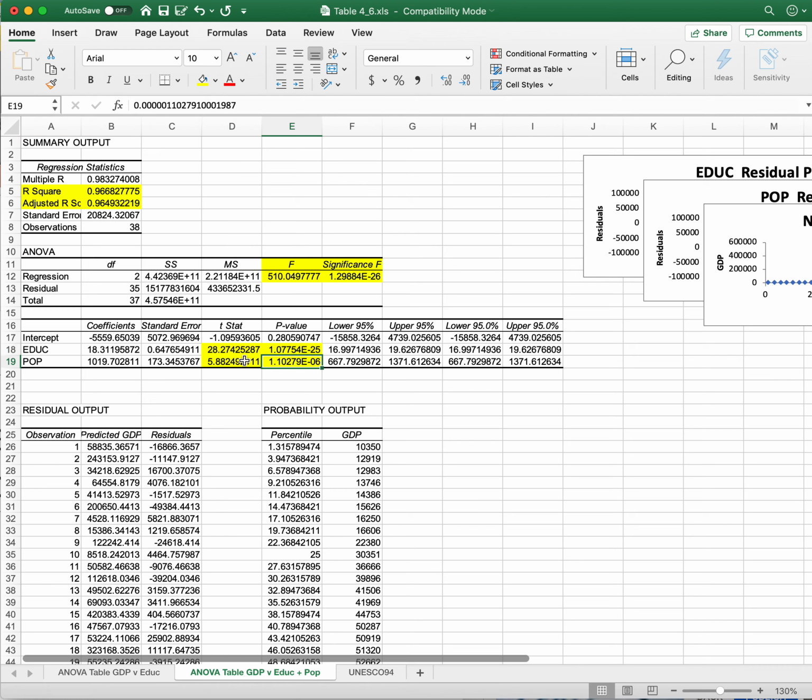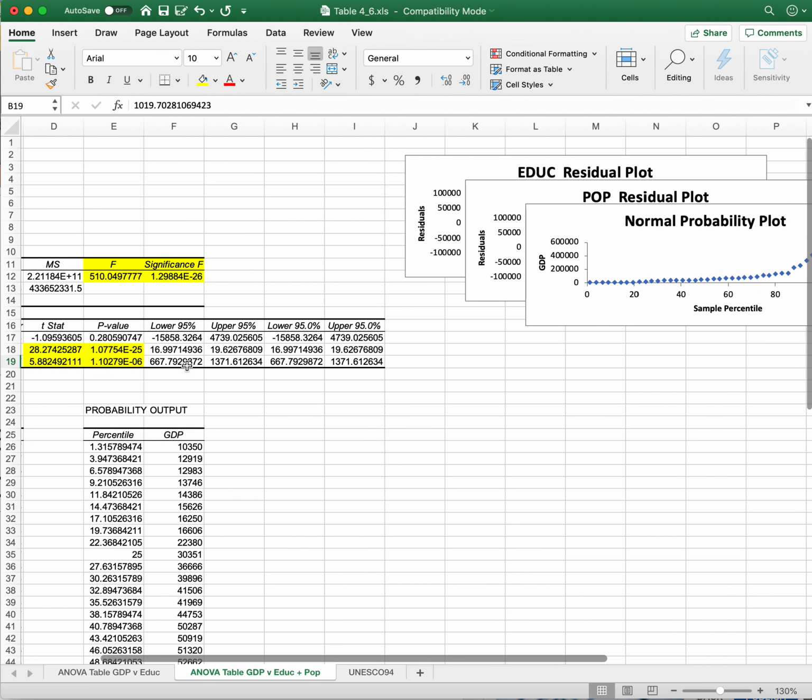That means we keep it as a predictor. Being 0 would mean it's useless as a predictor. Same thing for population, the multiplier of population. But now we see that the intercept is now a minus 5.559. The education multiplier is 18.3, and the population multiplier is 10.19. I would say this is an even better predictor. So let's stick with that.